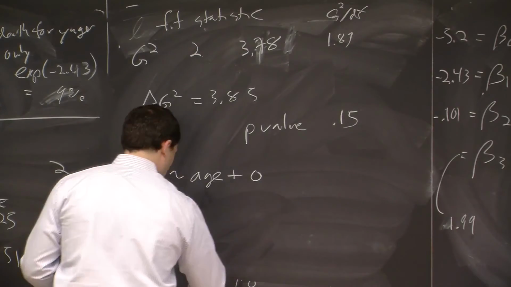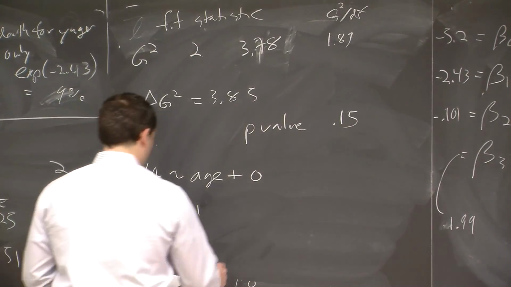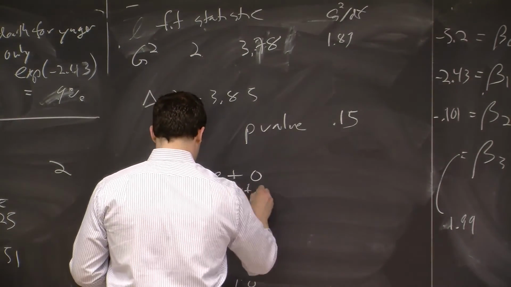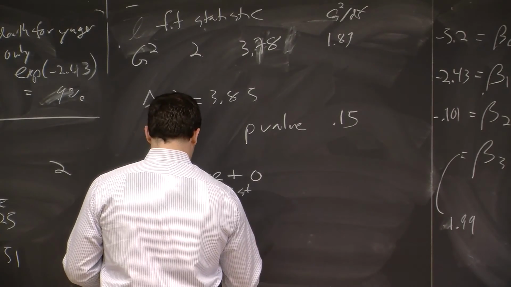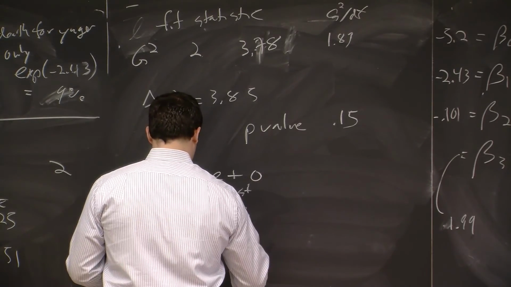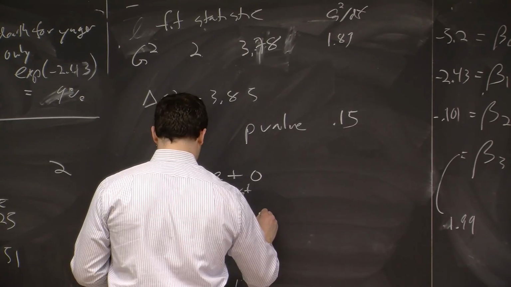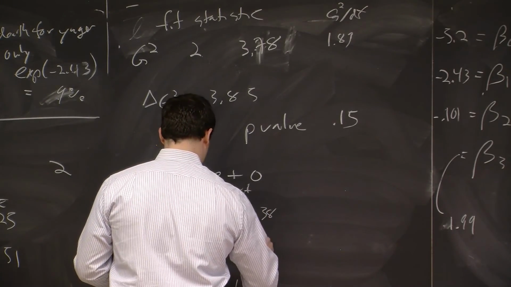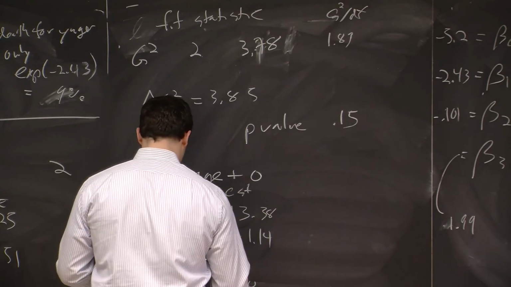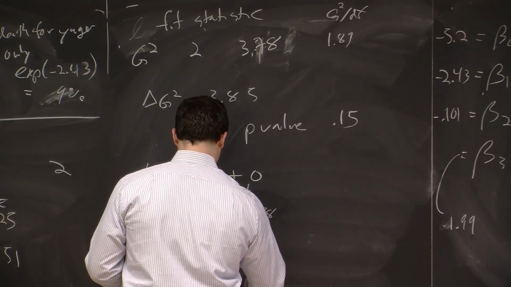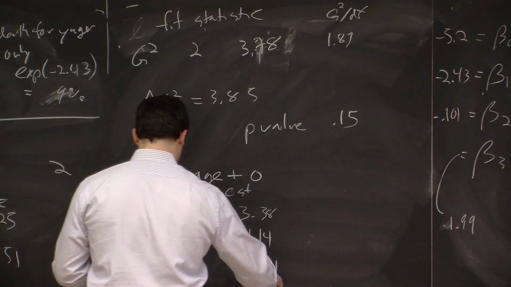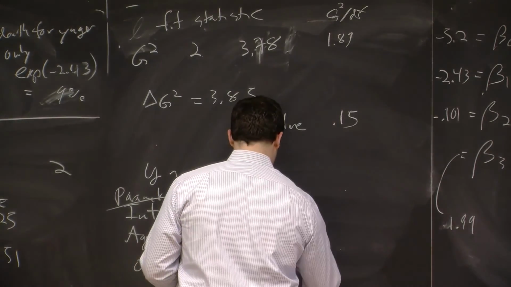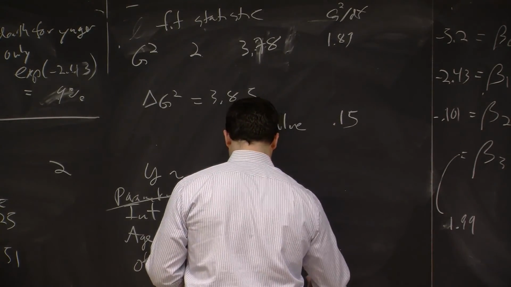Now we've given the offset a degree of freedom, and we get an estimate of 13 for the intercept, minus 1.14 for the age, and minus 1.54 for the offset, with a standard error of 1.6.